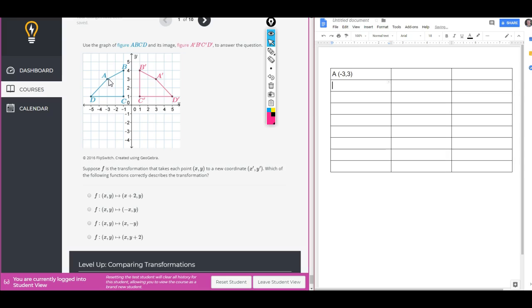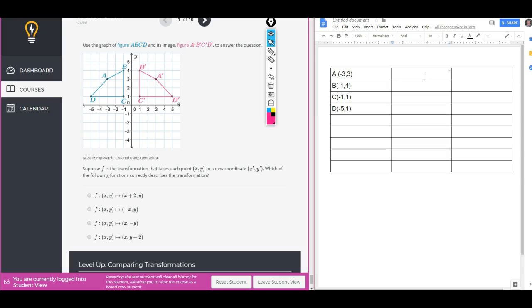Coordinates for B are -1, 4. The coordinates for point C are -1, 1. The coordinates for point D are -5, 1.